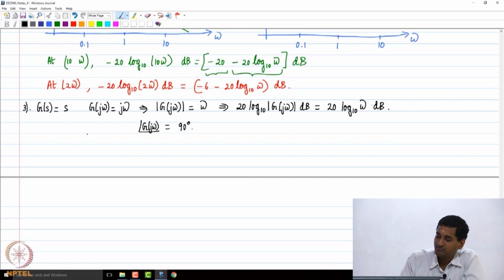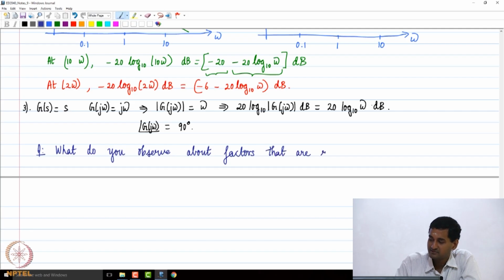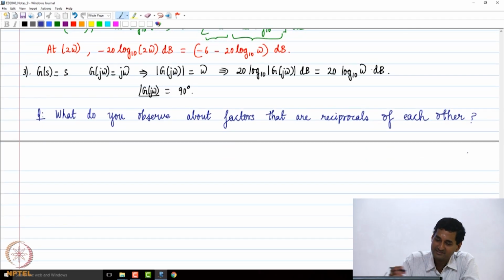But before that, just so that you remember, what do you observe about factors that are reciprocals of each other? That's a question which we just answered. I am just phrasing the question so that you remember that we discussed this.